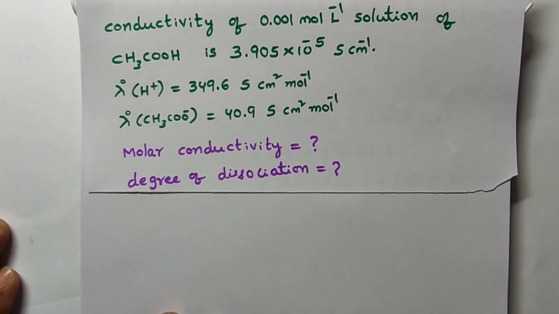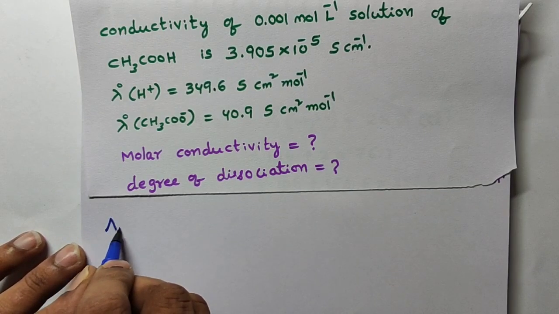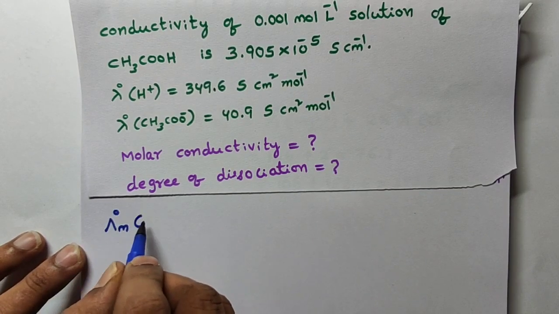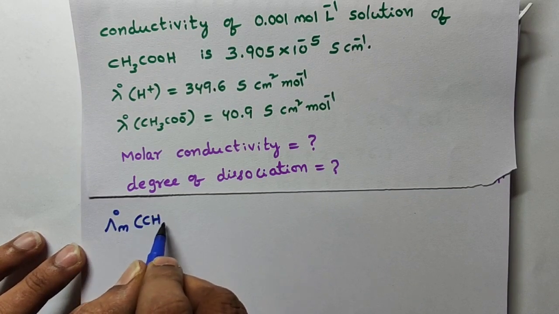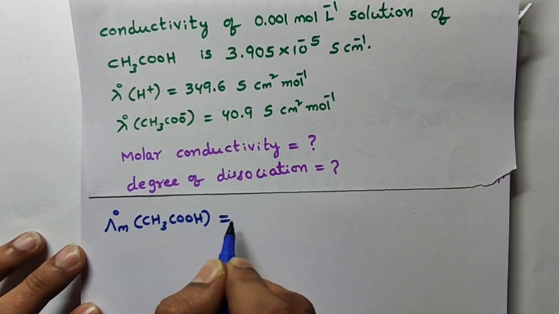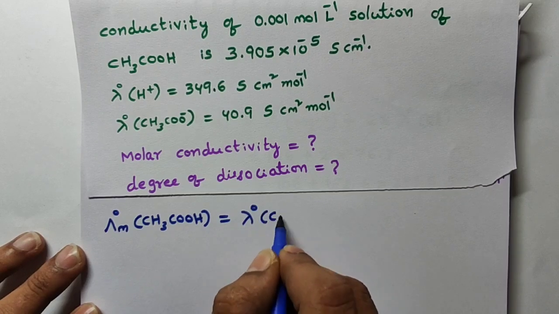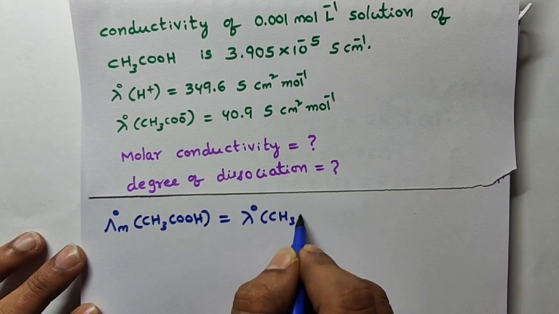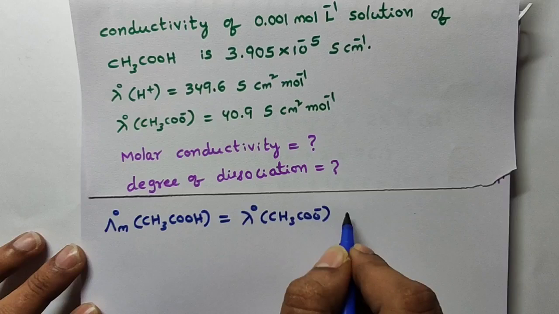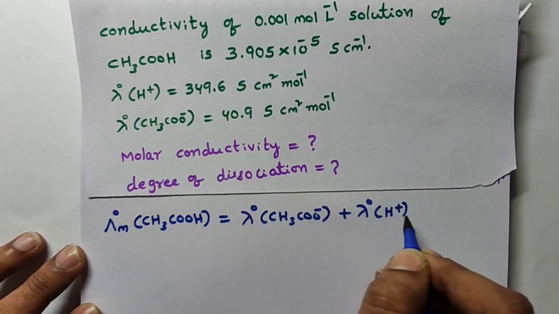Okay, first let us find the limiting molar conductivity of acetic acid, also called ethanoic acid, CH3COOH, which is equal to the limiting molar conductivity of acetate ion, CH3COO minus, plus the limiting molar conductivity of H plus ion.